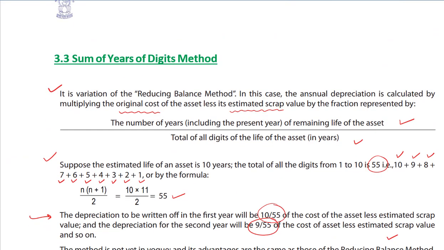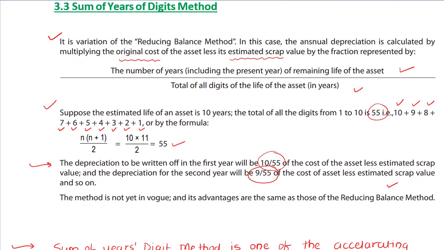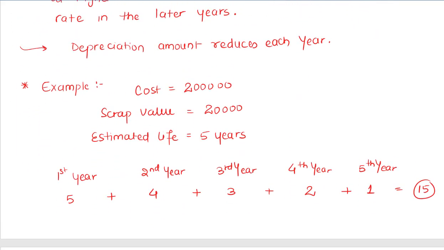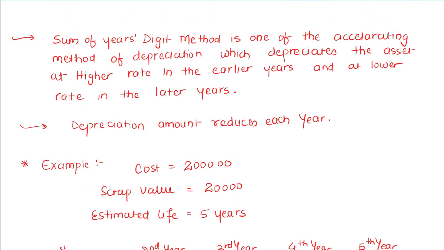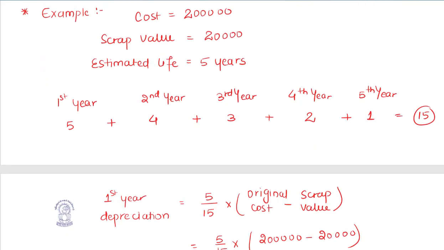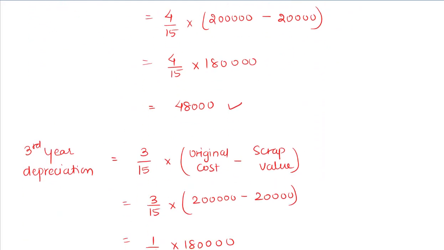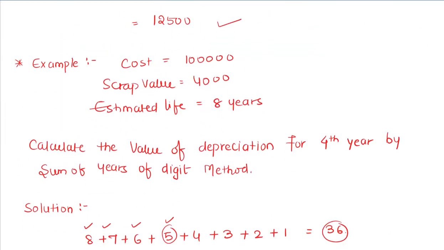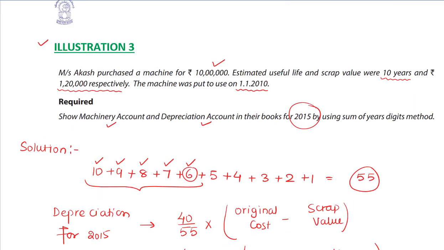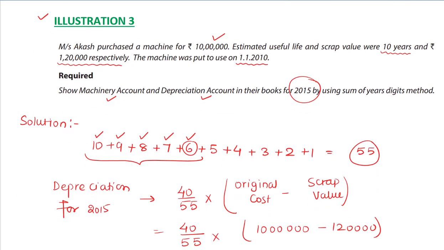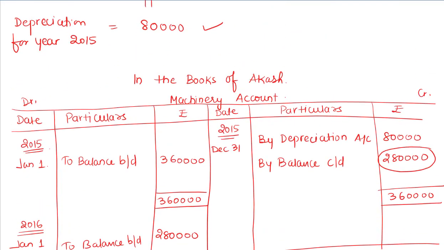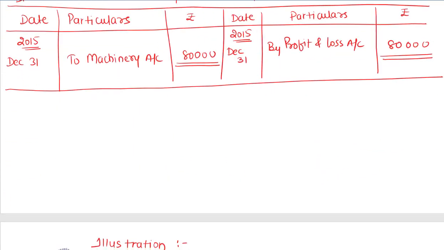Then we have begun with a new method today, the sum of years digit method, a quite interesting method. We have learned how to calculate the depreciation rate and the depreciation amount using the sum of years digit method. We have done several examples in relation to it. Then we have done illustration 3, drawing the machinery account and depreciation account.